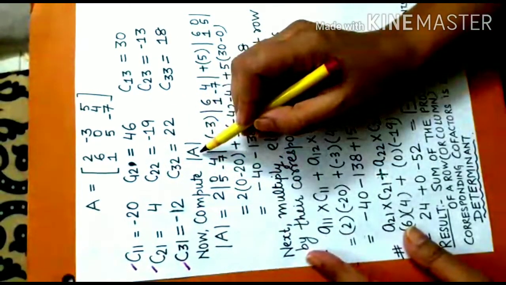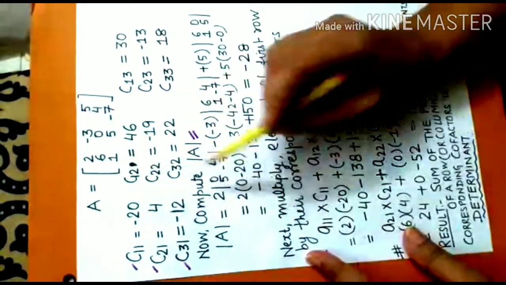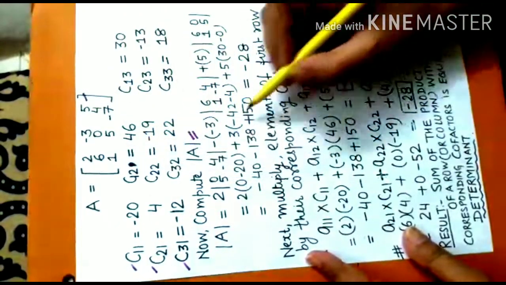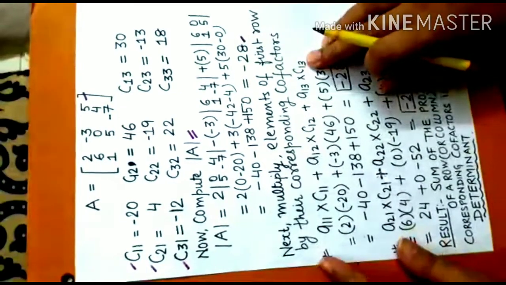Now let us compute the determinant of this matrix A. I have expanded the determinant along the first row and the determinant of the matrix is -28. Now look here.